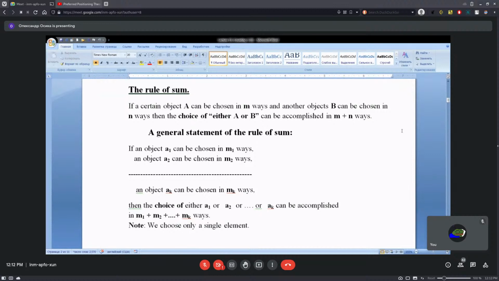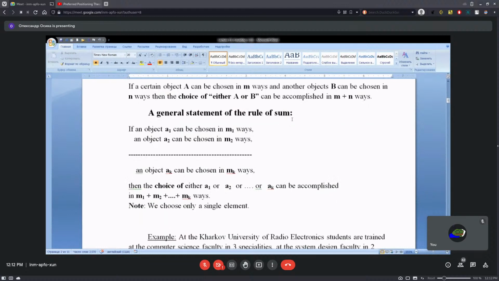So here it is just for two types of elements. Actually, here it is a set of objects, and you can choose one of the objects in m ways, and here in n ways.